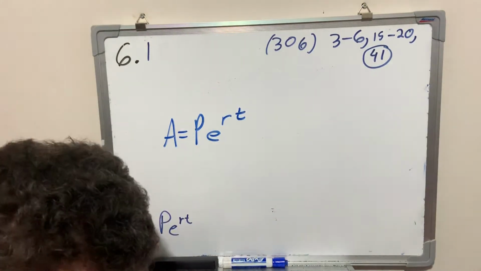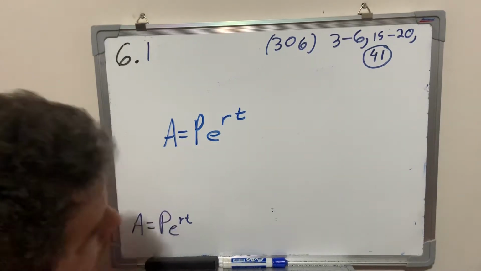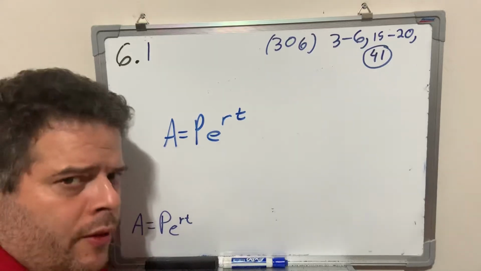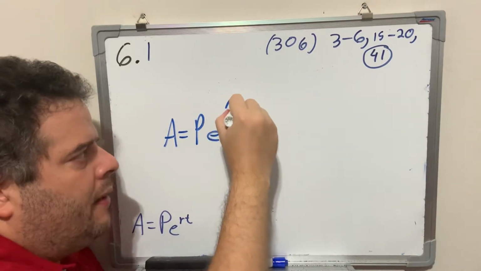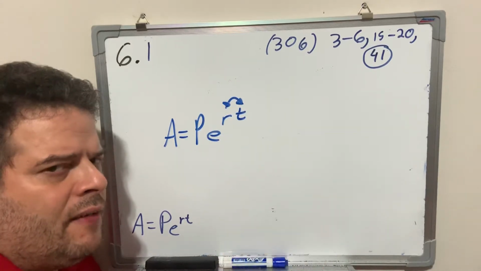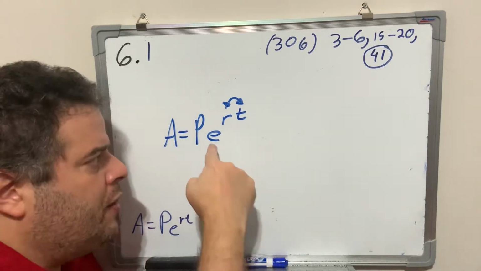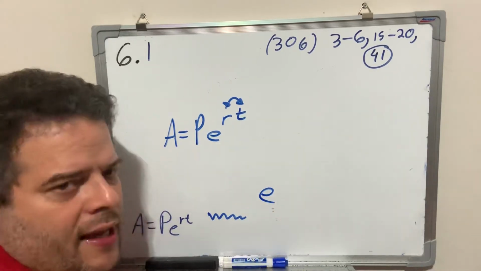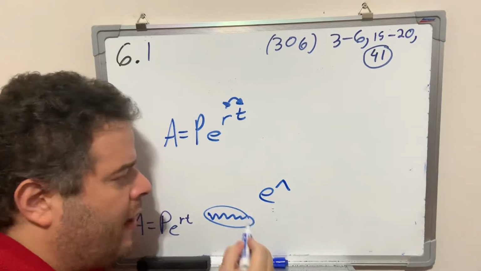Now, just give me a second. How would I work this? Pretty simple. You multiply this times this first in your calculator. Hit enter. That's going to give you a value. You write that value down. Then you're going to hit the number E in your calculator, and you're going to raise it to the value you found previously.